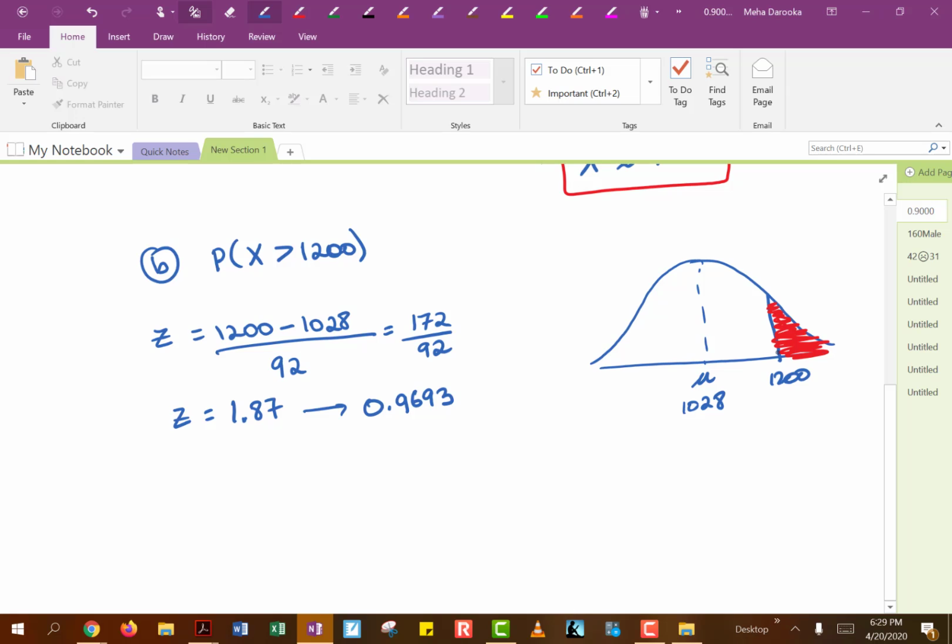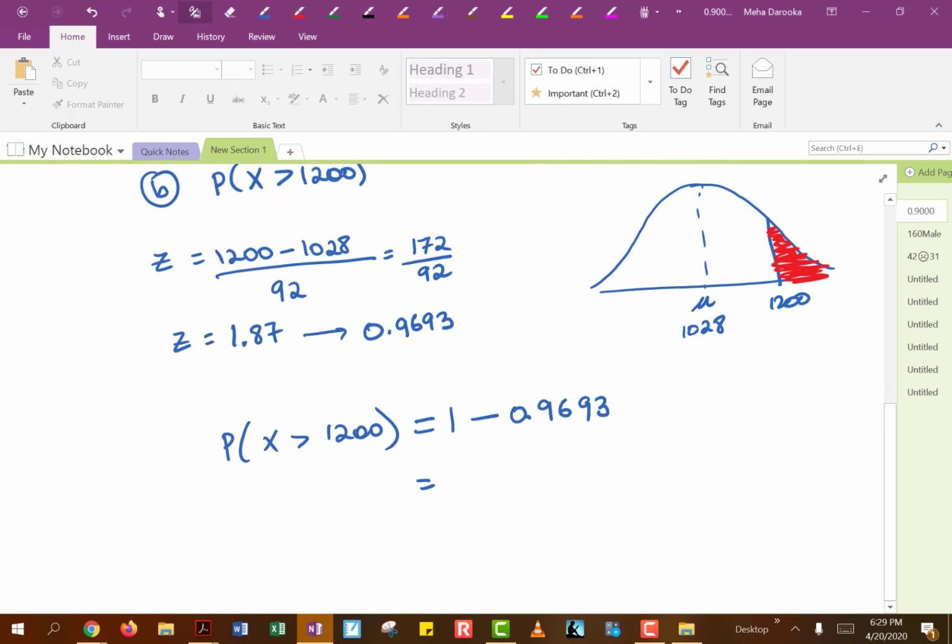So remember, for this type of calculation, to find the probability that our score is going to be larger than 1200, you will do 1 minus 0.9693, and that will end up giving us an answer of 0.0307.